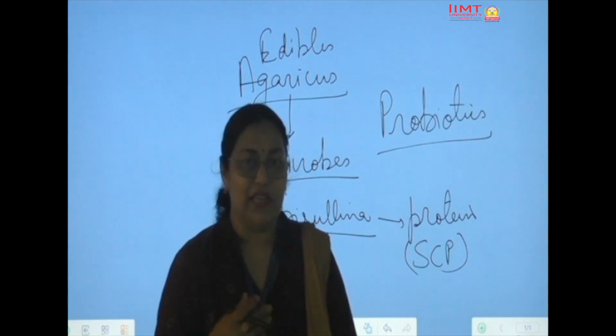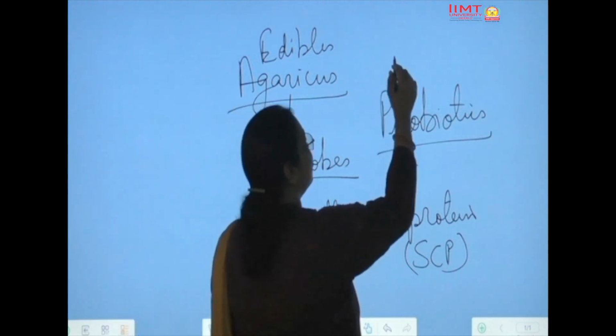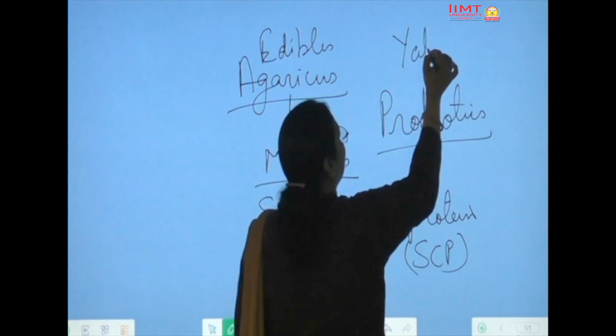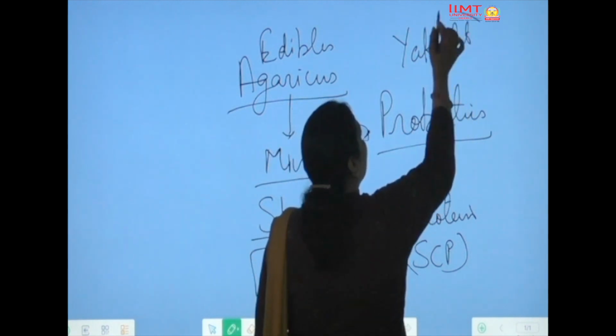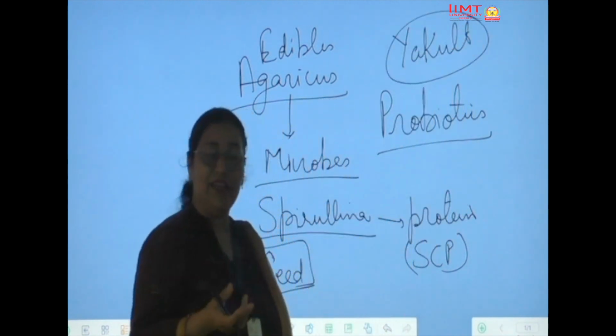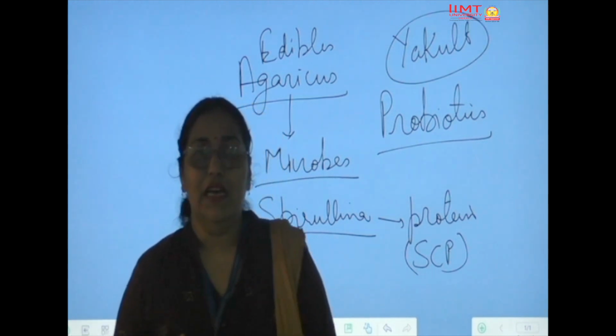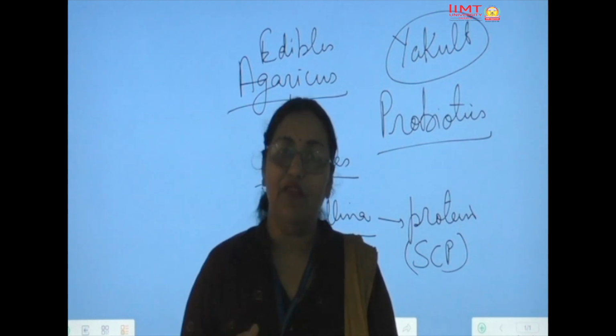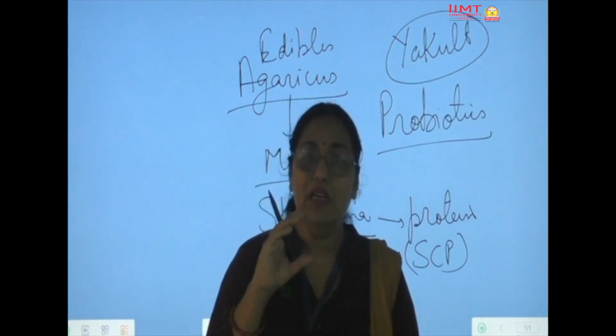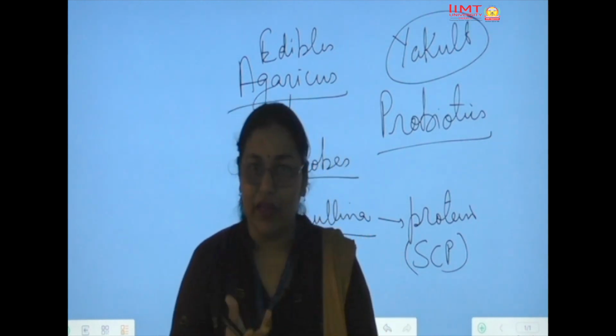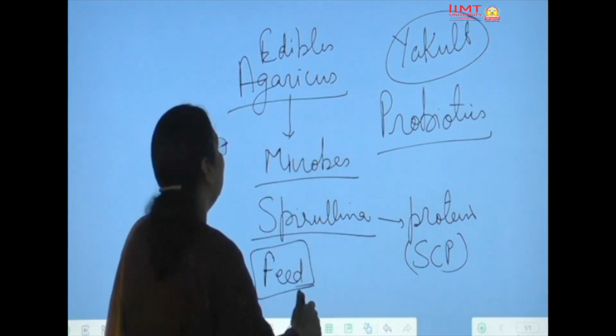You might have listened to the name of Yakult. Yakult is a probiotic brand. It contains Bifidobacterium. This bacteria is a health promoting bacteria which is being given in the form of a liquid drink, right. So microorganisms can be used as food.